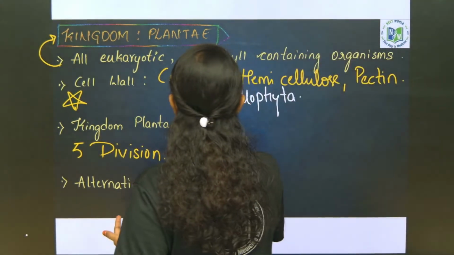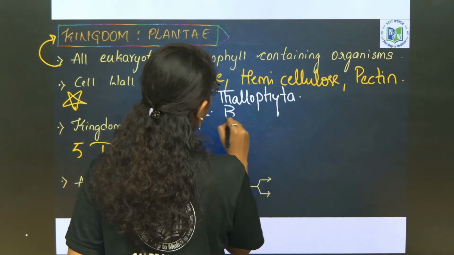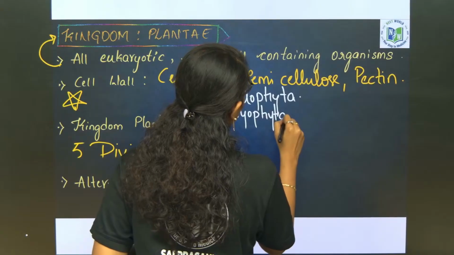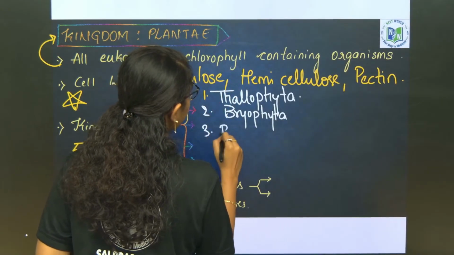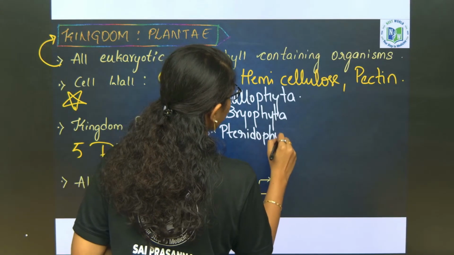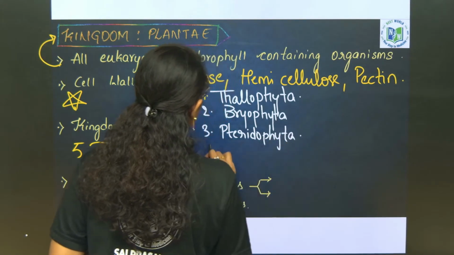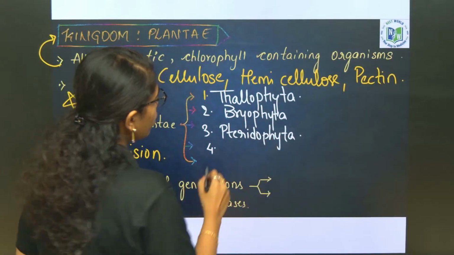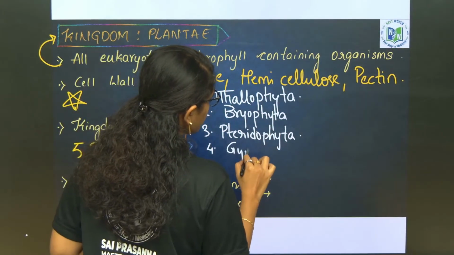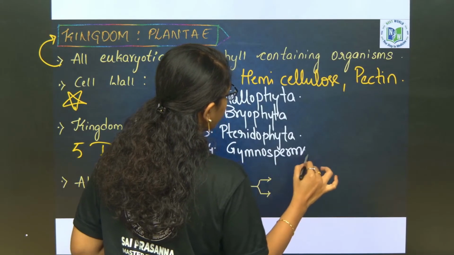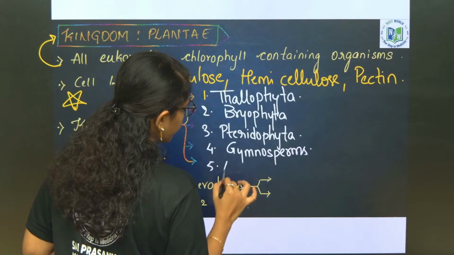Second will be bryophyta, third pteridophyta, and then gymnosperms and angiosperms. Thallophyta, bryophyta, pteridophyta, gymnosperms and angiosperms.